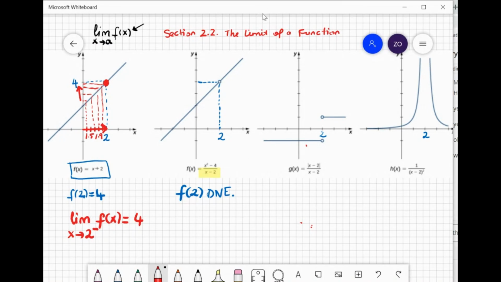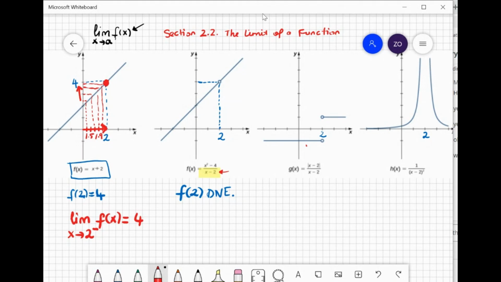So why doesn't f of 2 exist? Because we have an open dot here, right? That point is missing, so this function is not defined at 2. And why? Because the denominator in this function has x minus 2, and remember, we cannot divide by 0.